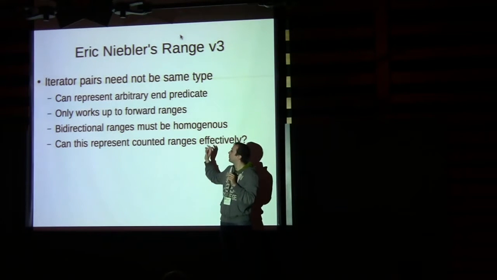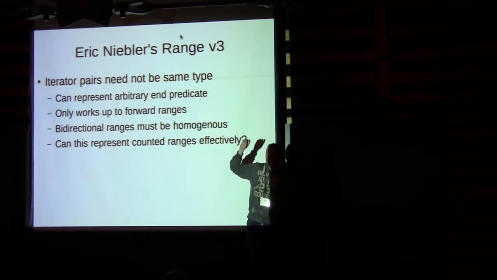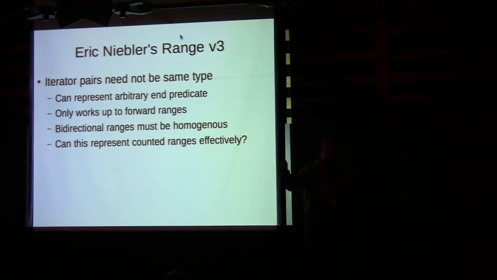Here's the thing though. Once you get to bidirectional ranges, you will probably want to decrement the end iterator at some point. Eric? That's not actually true. There are plenty of algorithms which require bidirectional iterators, but that don't ever decrement the end iterator.